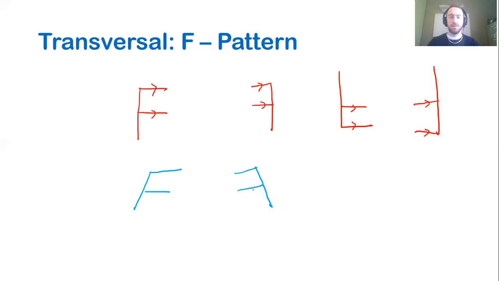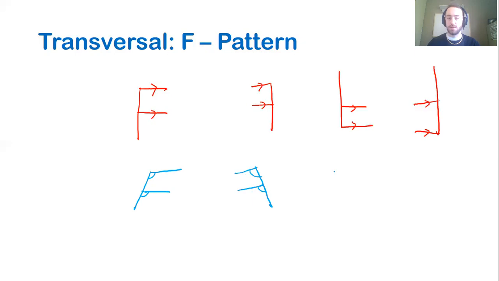Now what does this tell us about angles? What pattern does this make for helping us solve angles? Well, with the letter F, it's the corner angles that are equal. So in this case, this angle here would be equal to this angle down here. Conversely, on this side, this angle here would be equal to this angle here.